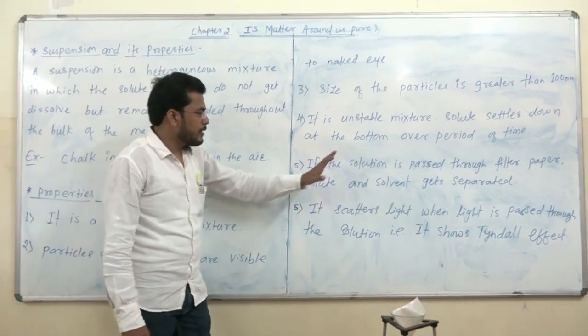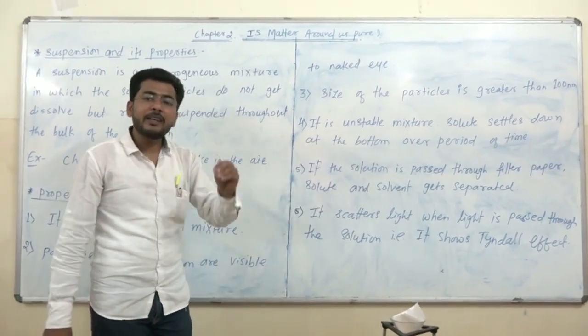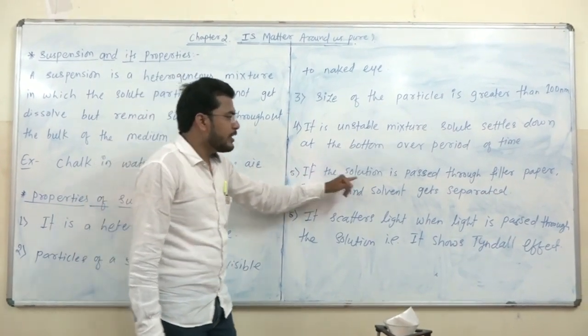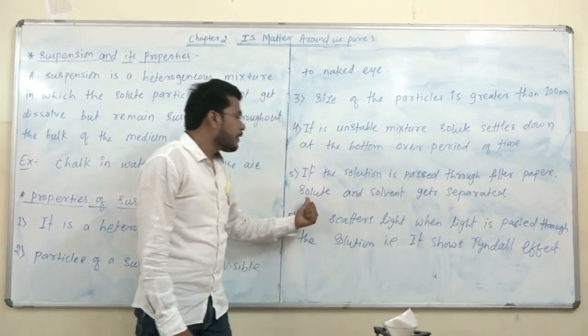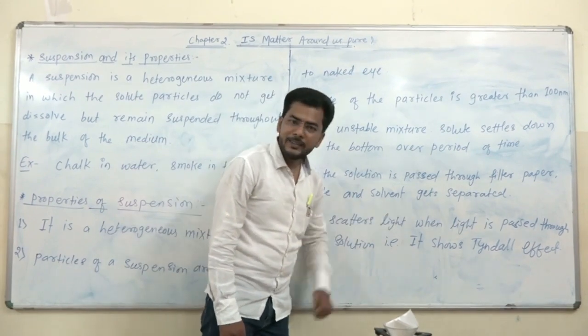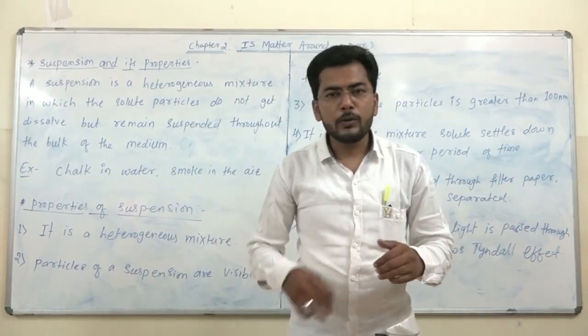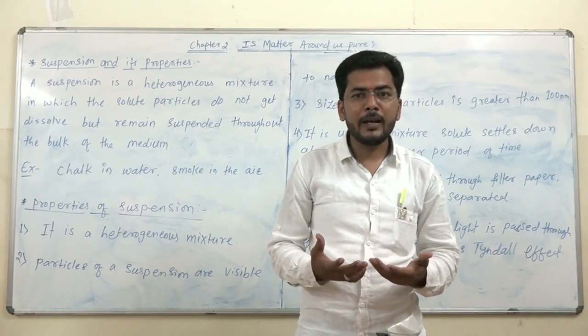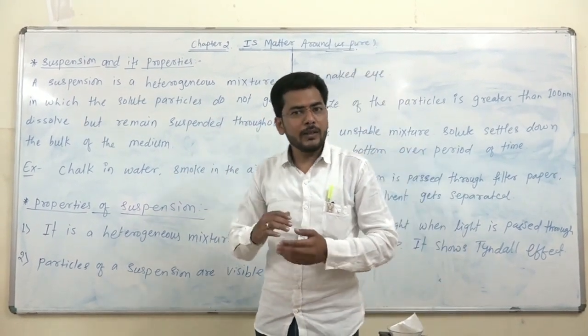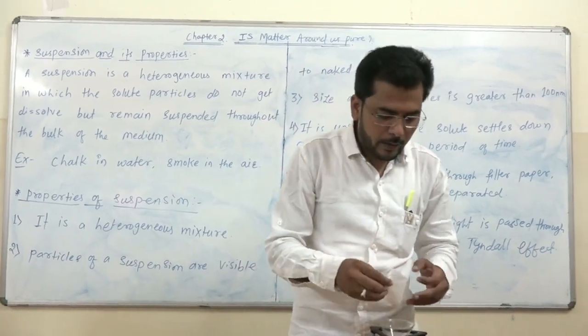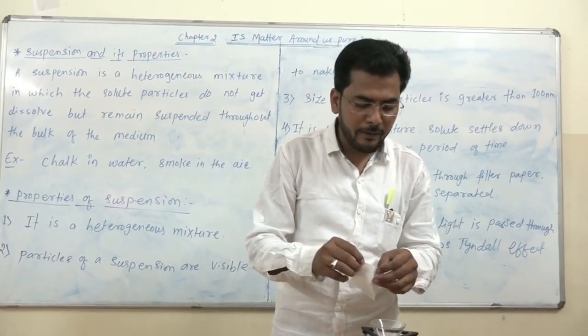It will mix completely and will not settle down at the bottom. If the solution is passed through filter paper, solute and solvent get separated. When we do filtration with a suspension, solute and solvent get separated.